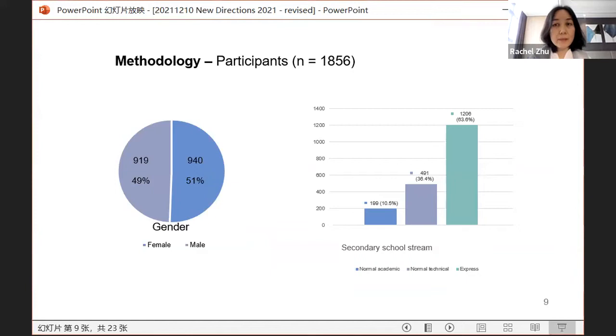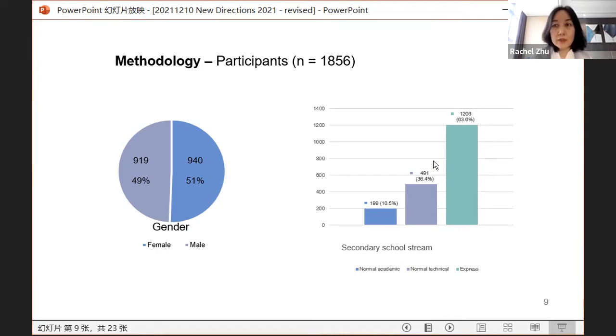And a random sample of 1,856 test takers who participated in this test was included in our study. Among them, 49.4%, which is 919 of the test takers, are male participants, and the others are female participants. As you can see, they are almost evenly distributed.